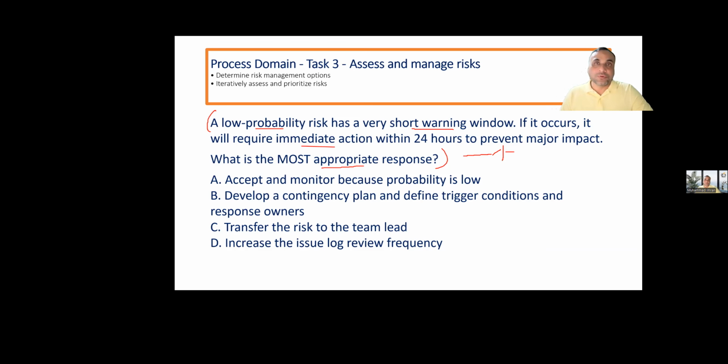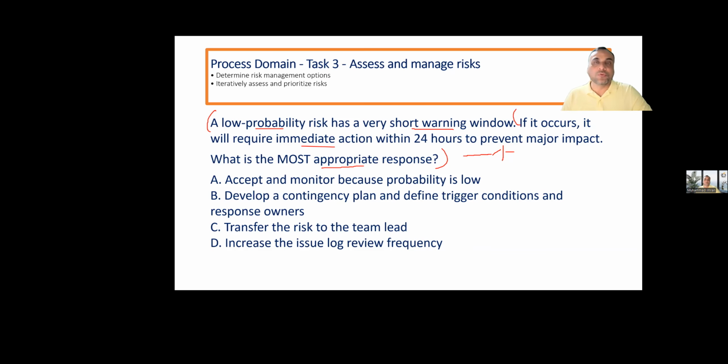So what should I do in this situation? I have to be very vigilant, right? And I have to use all possible resources to not let it occur. If it occurs, it will have a short window. So what strategy should come to your mind? Can you please put it in the chat window?